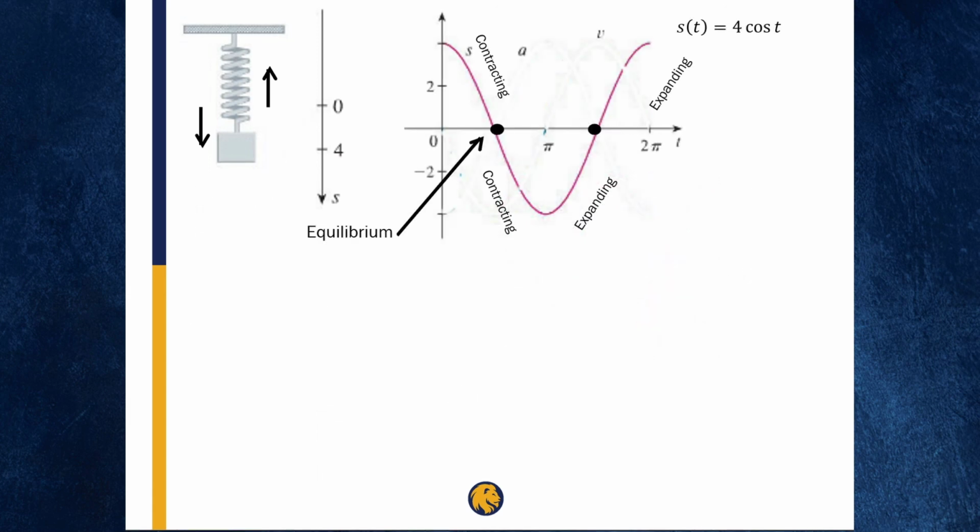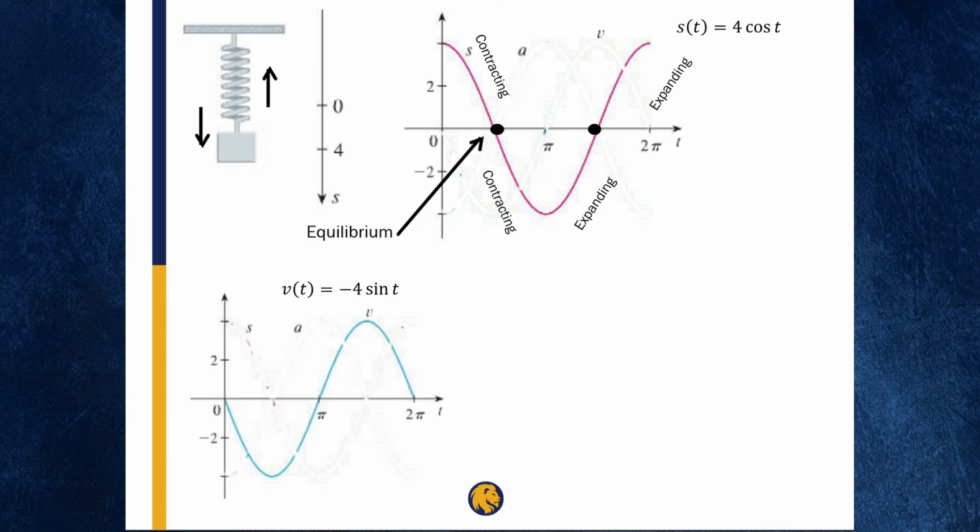So if we consider the so-called equilibrium points where it passes its position at rest, let's look at the velocity function. Velocity is the derivative of the s of t function, so the derivative of 4 cosine t is -4 sine t. Looking at its graph, this would be the graph of velocity.